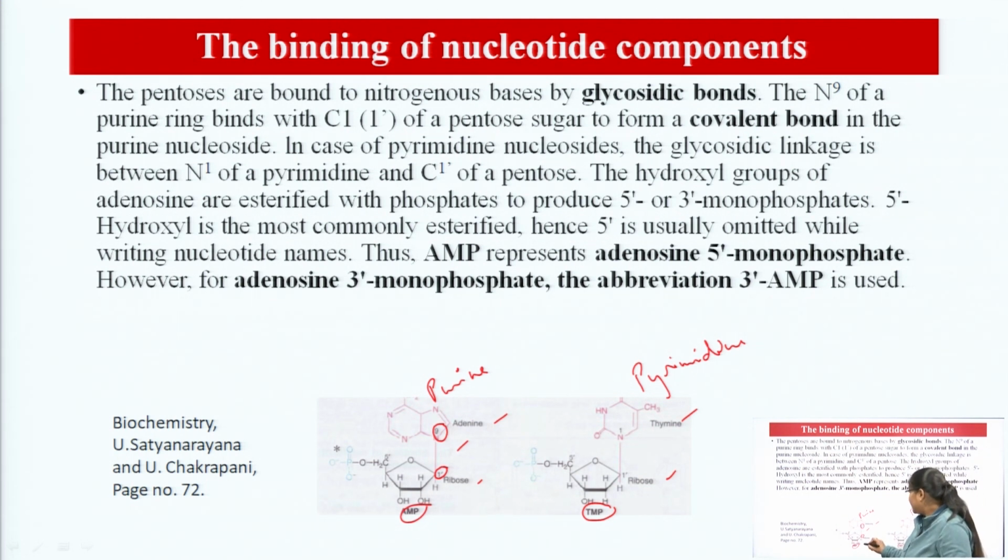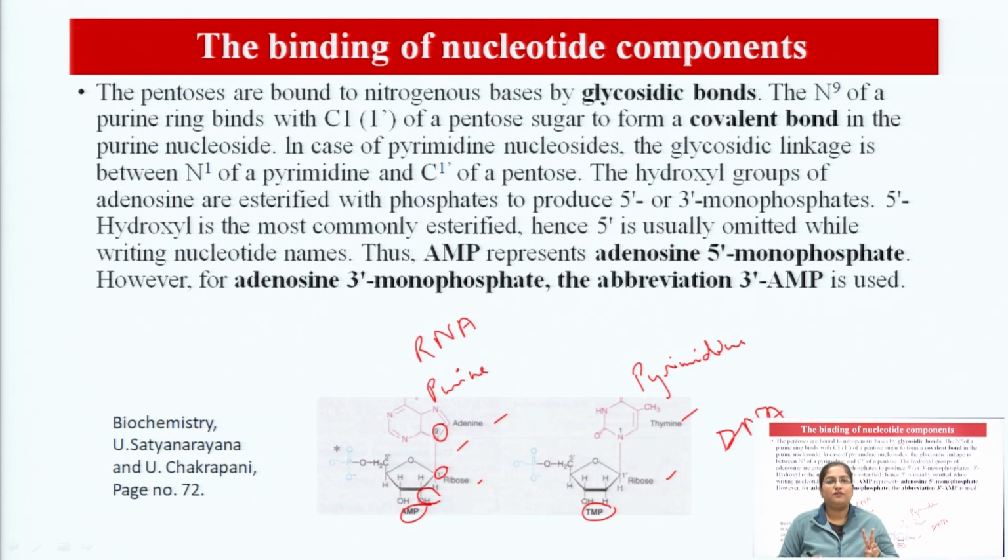No, specifically we are talking about RNA here because of the presence of the OH group. So, here we are talking about RNA, whereas here we are talking about DNA. So, we need to see both things: which nitrogenous base is joining here, and which sugar moiety is here. By that we can say whether we are talking about RNA or DNA.